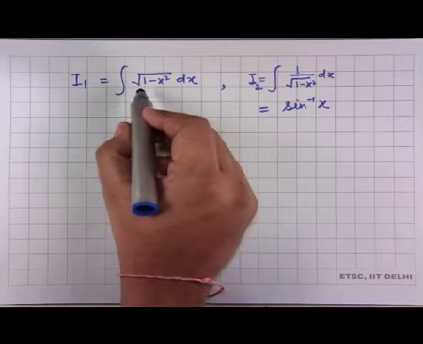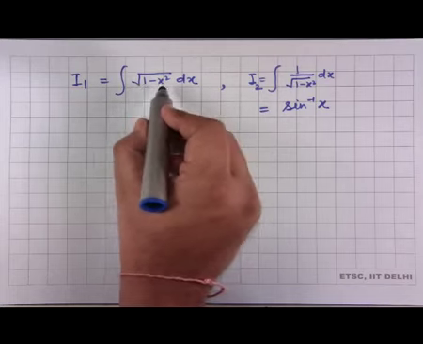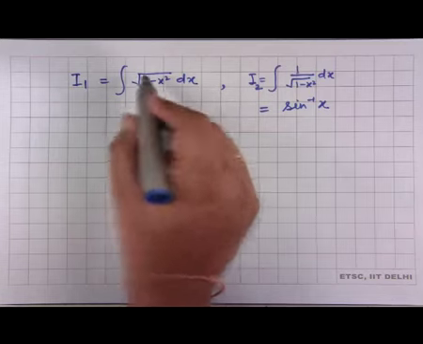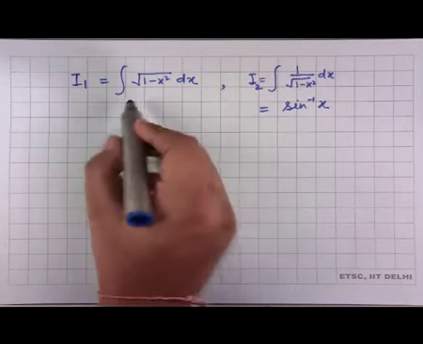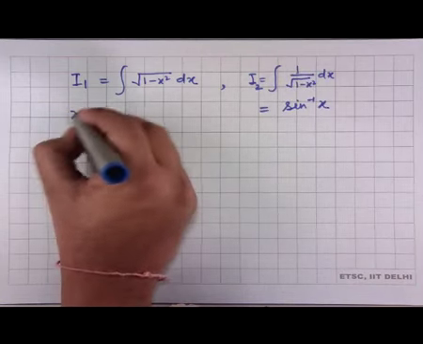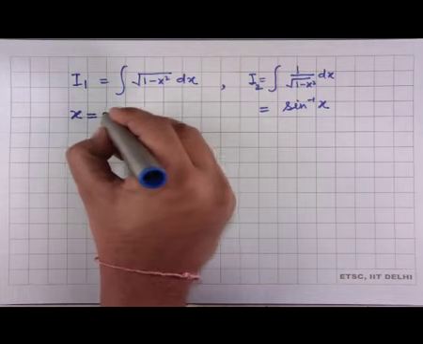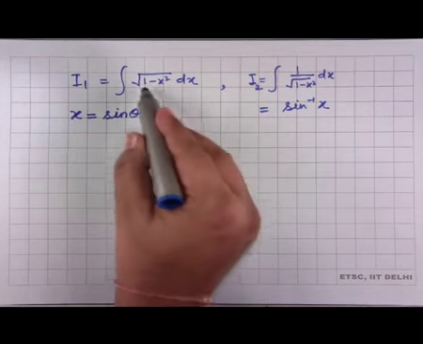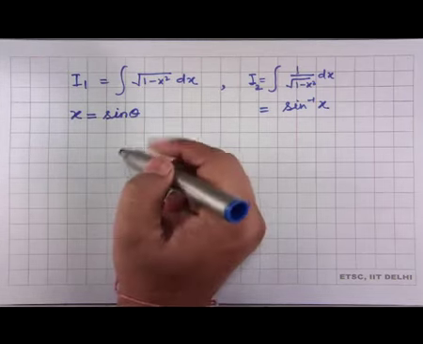Well, as it looks like square root of 1 minus x squared dx, and a similar integral of this kind we have evaluated earlier, it looks like a good choice to put x equals sine theta. Then I get 1 minus sine square theta, which is cos square theta.